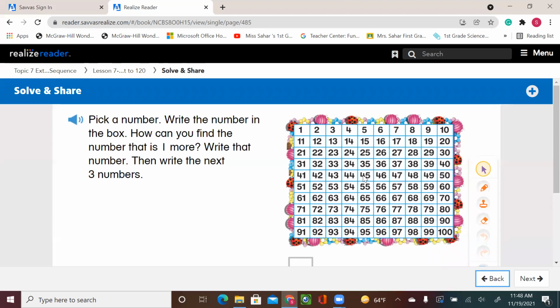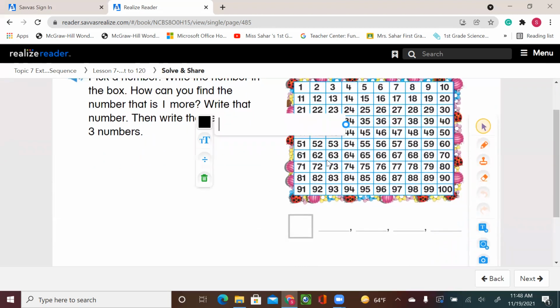So I'm gonna choose 45, for example. So I'm gonna write here 45. I'm putting here 45, and I need to count 1 more after this number. So I have to fill these spaces. So after 45, 46, 1 more, 47, 1 more, 48, 1 more, 49.